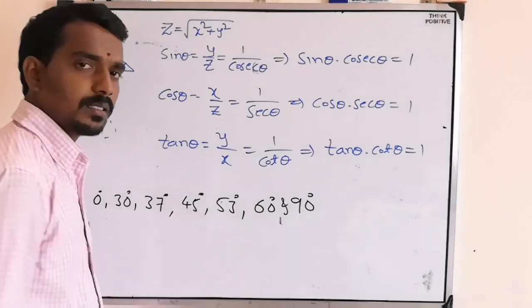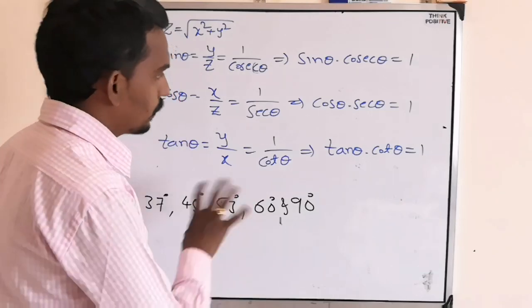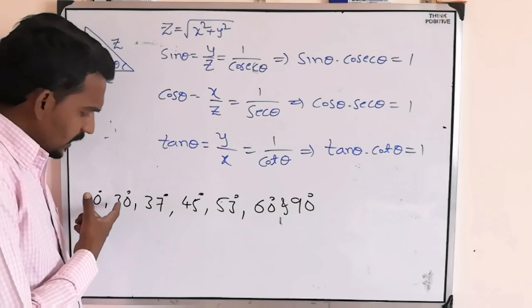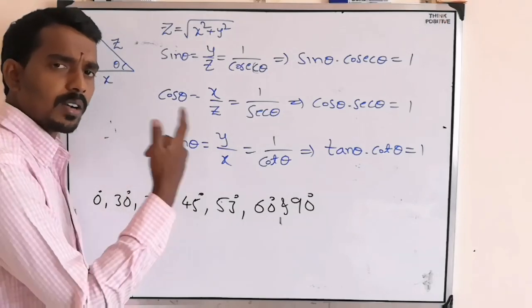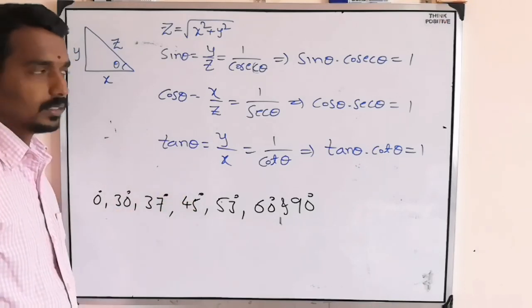These are the angles based on which questions can come in physics. So we should know if theta is 30, what is the value of sine or cos or tan? That is very important.